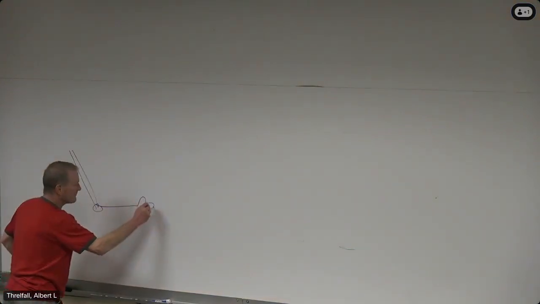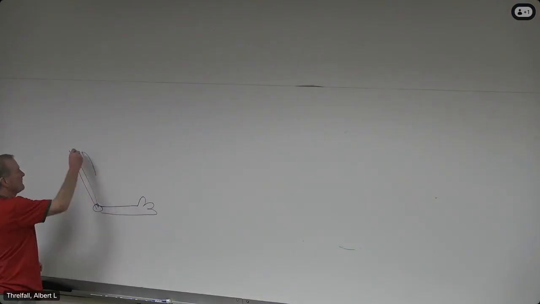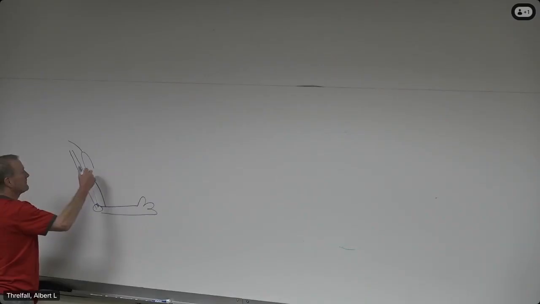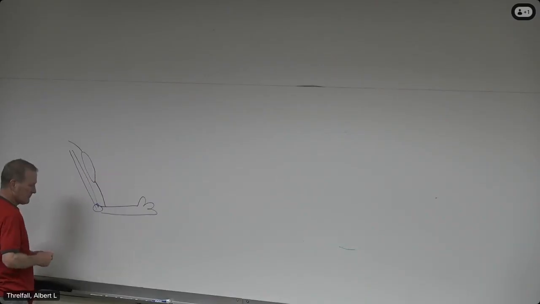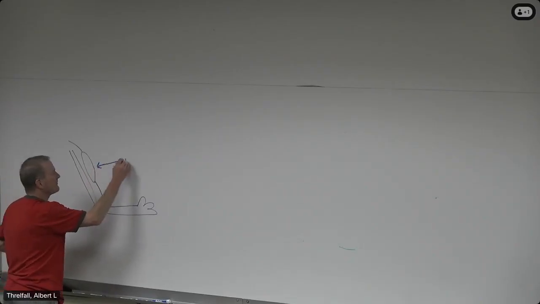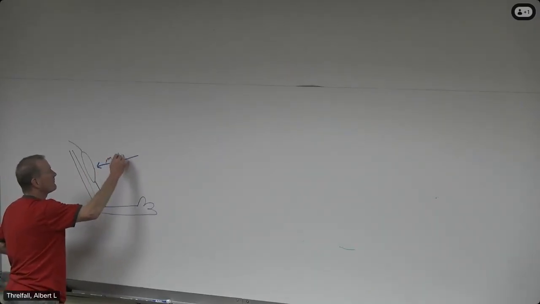Okay. So we're going to look at my elbow again. Biceps brachii. A motor nerve stimulates the muscle and it contracts.